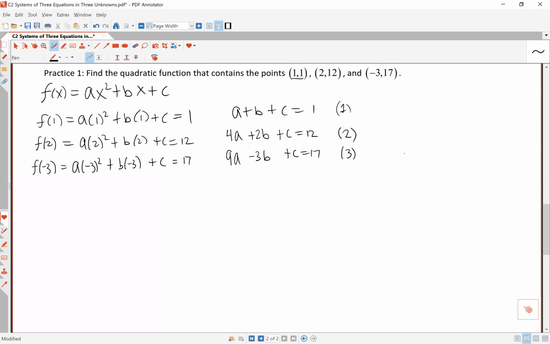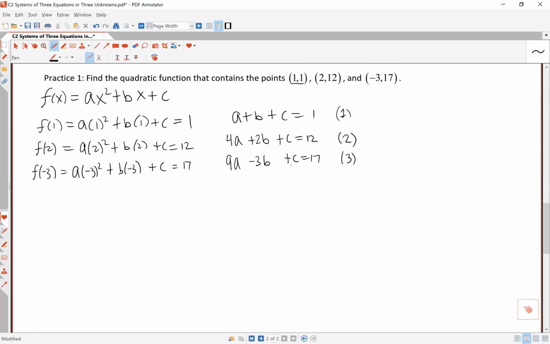These problems will always work out to where you have these plus c's in them. So we're going to take -1 and multiply it by equation 1 and add that to equation 2. So that's -a minus b minus c equals -1. And equation 2 is 4a plus 2b plus c equals 12.